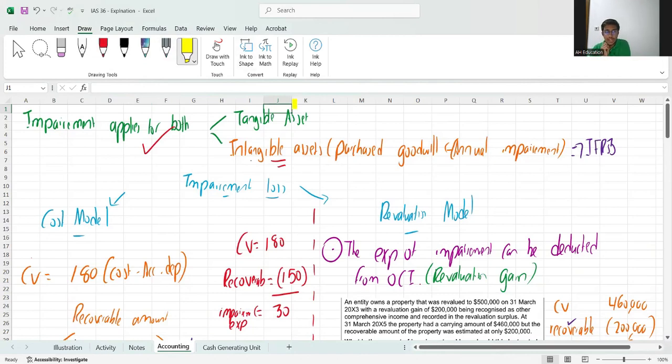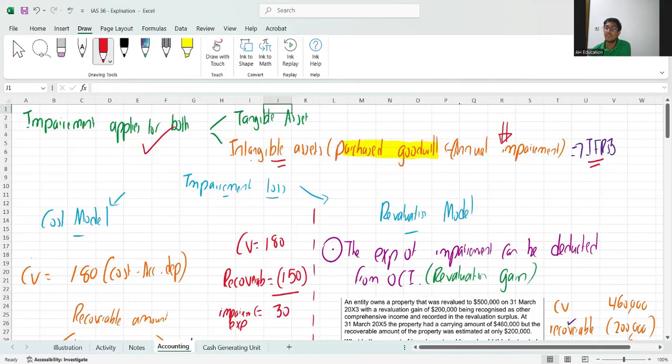In terms of intangible assets, you all know when you purchase a subsidiary, when you purchase a company, you need to calculate goodwill. And at each reporting date, this goodwill, which is an intangible asset, needs to be impaired under your IFRS 3 business combination standard.